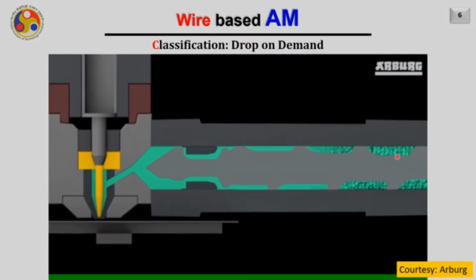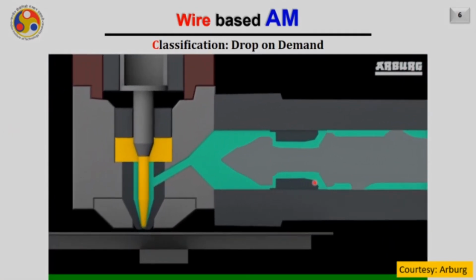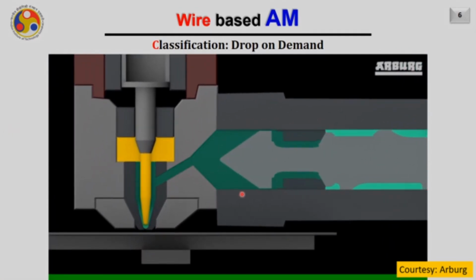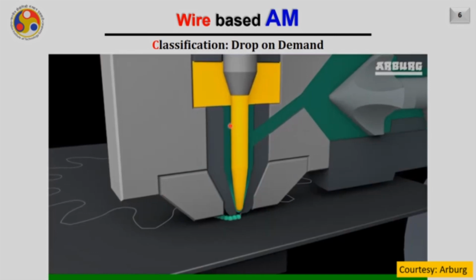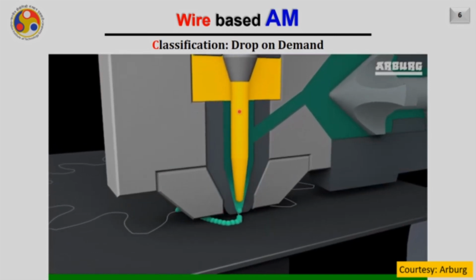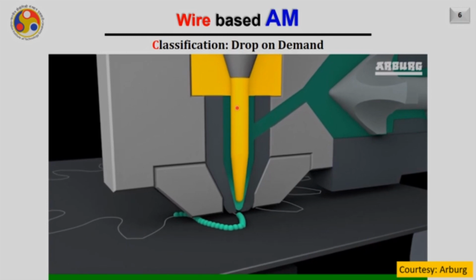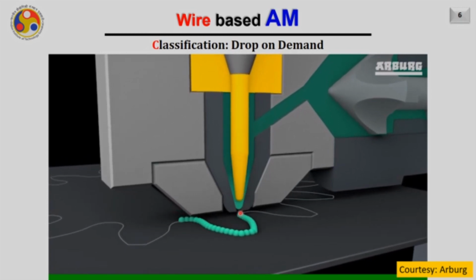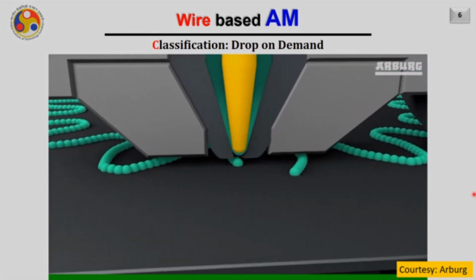So here these granules come and are fed through a screw, and at the end of the screw this granule material gets melted and then comes into a nozzle. This nozzle has a plunger, and this plunger moves up and down. While the plunger is moving up and down, it is just dropping the material wherever required.